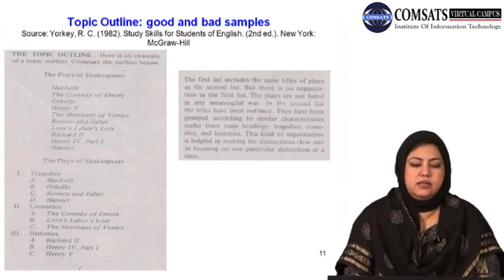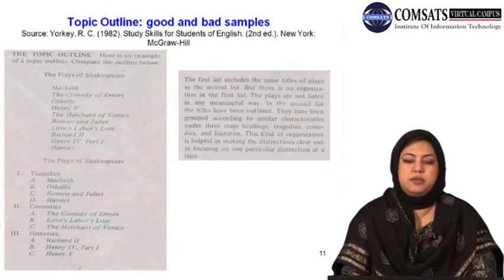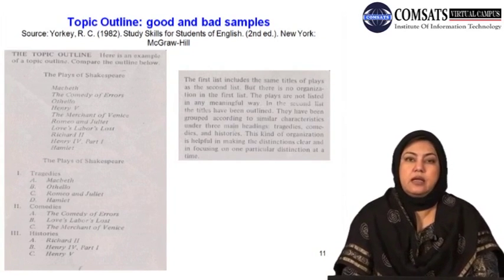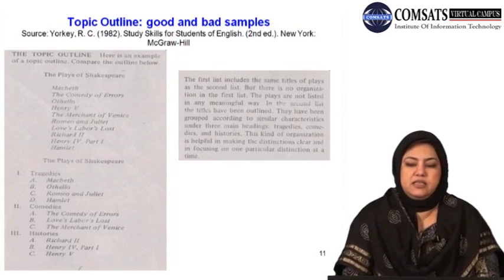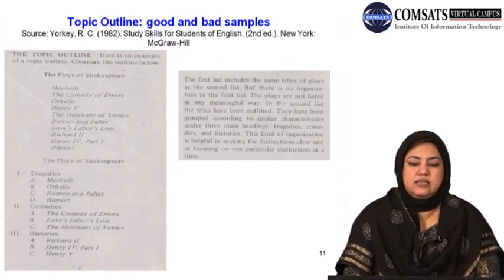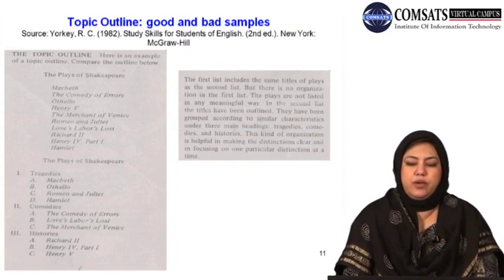What you can notice in this outline is that it is more organized and systematic as compared to the first one. I hope you would have been able to notice that the first list also includes the same titles of plays as the second list. But there is no organization in the first list. The plays are not listed in any meaningful way.